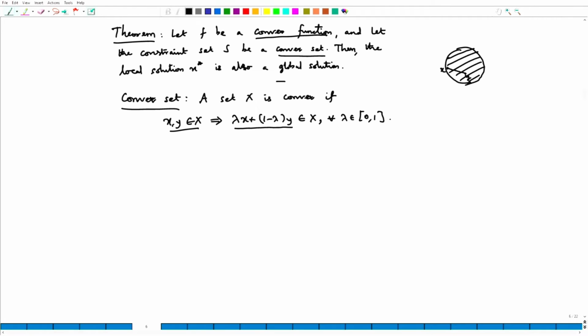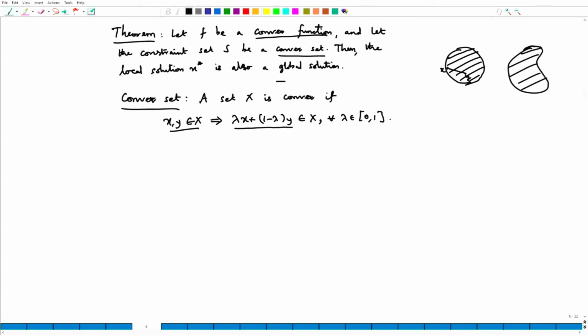So, this is an example for a convex set, and what is an example for a non-convex set? Let us say I have this kidney shaped set where I have all the points on the boundary as well as the interior of the kidney.